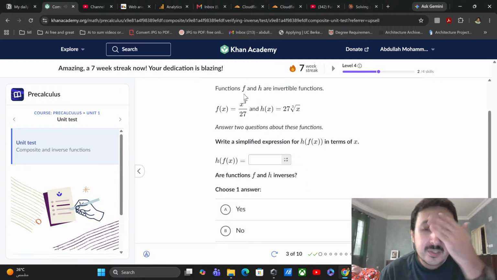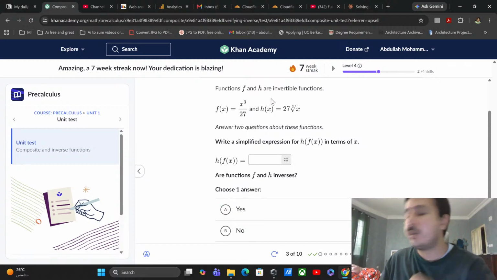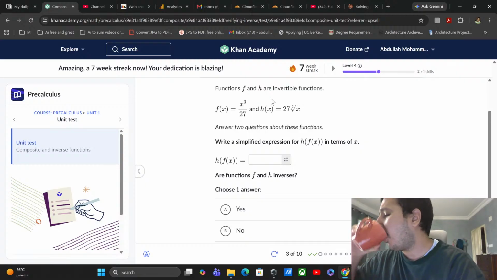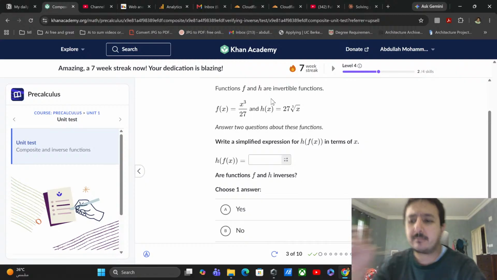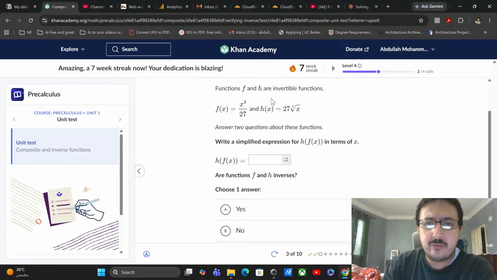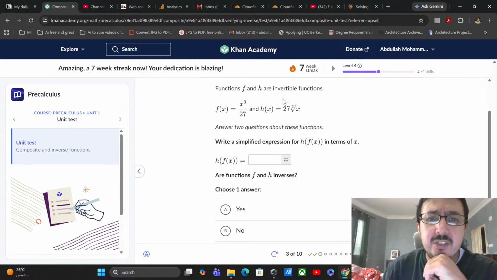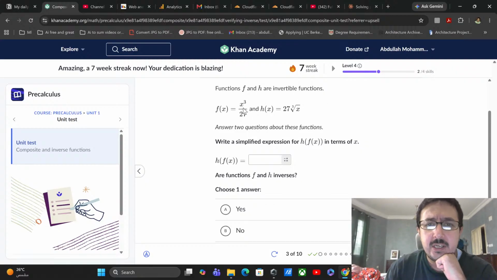Okay, functions f and h are invertible functions. Functions f and h are invertible functions. f of x equals x cubed over 27 and h of x equals 27 multiplied by the cube root of x are two functions.